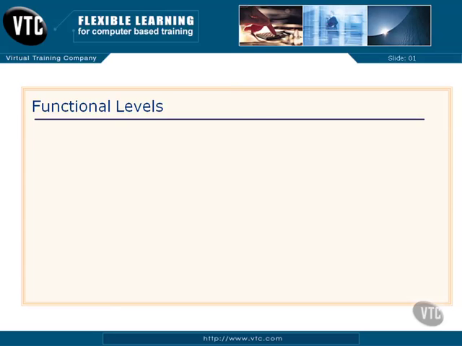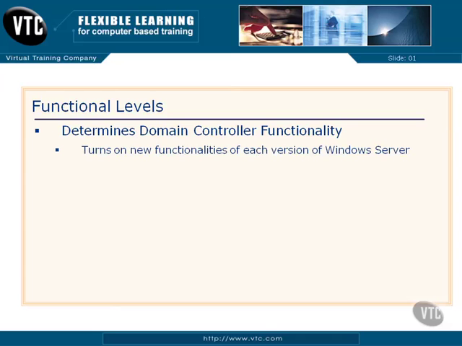And so the bottom line is I have to find the lowest common denominator of all of my servers to provide what kind of functionalities at the domain and forest level that I want to do. So the functional level determines your domain controller functionality. Really what this does is it allows the new functionalities of each version of Windows Server to be used incrementally based on the other domain controllers we have.